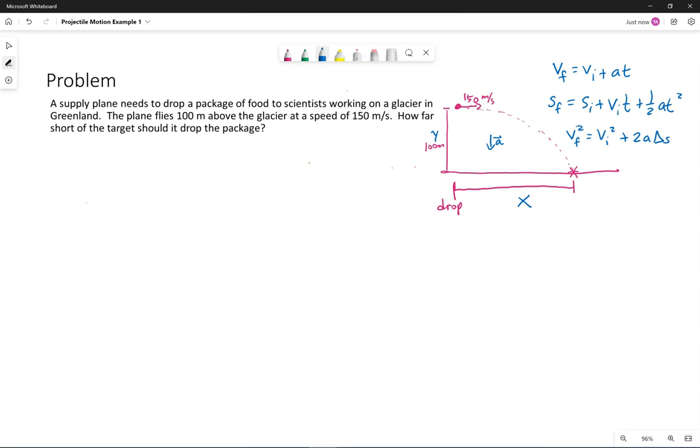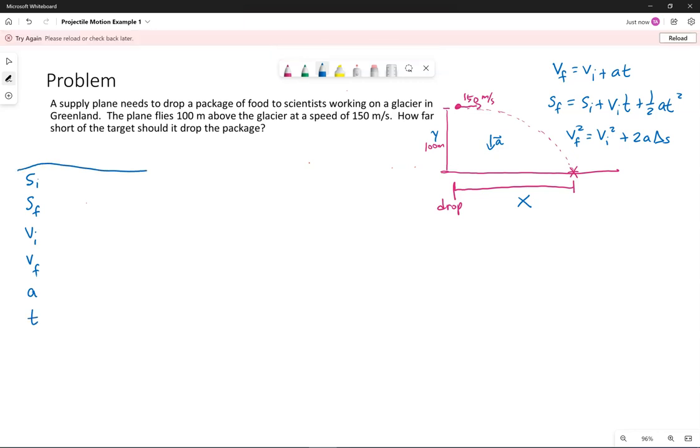All right, so because acceleration is constant, we can use the kinematic equations. I recommend setting up the variables like we've been doing in previous problems that involved the kinematic equations.